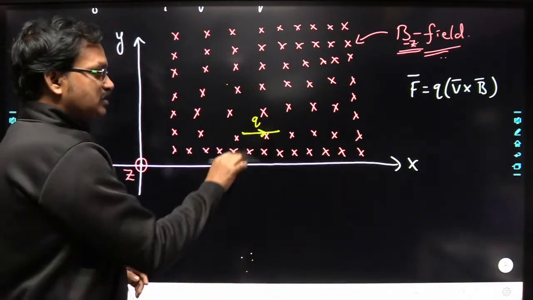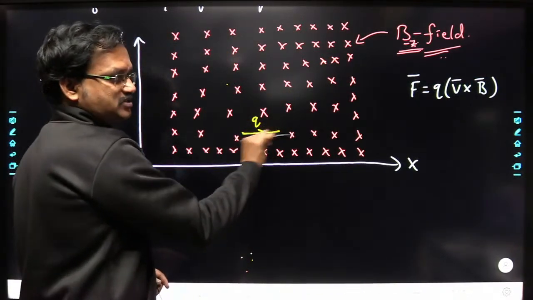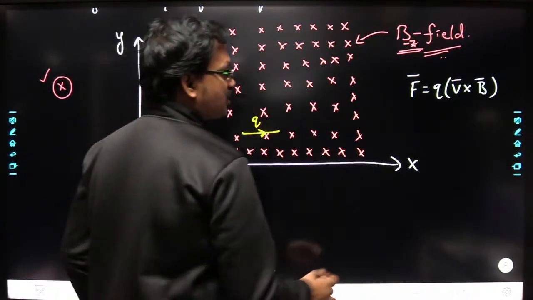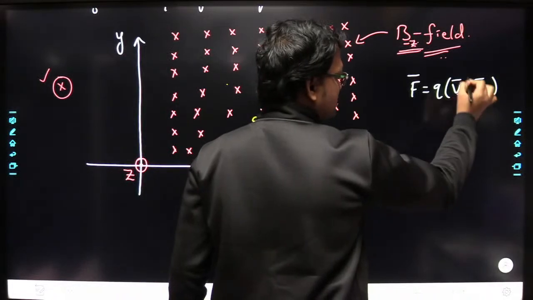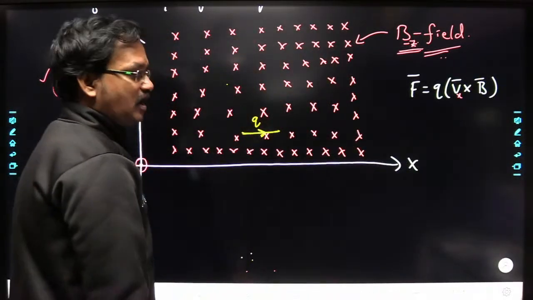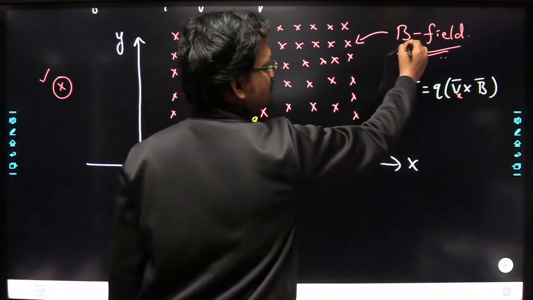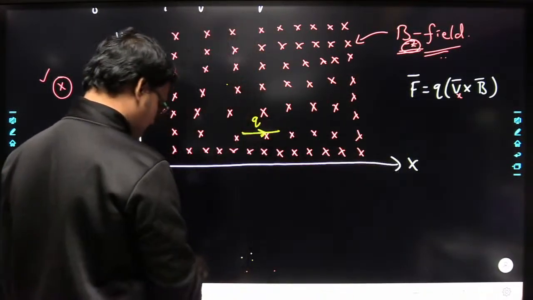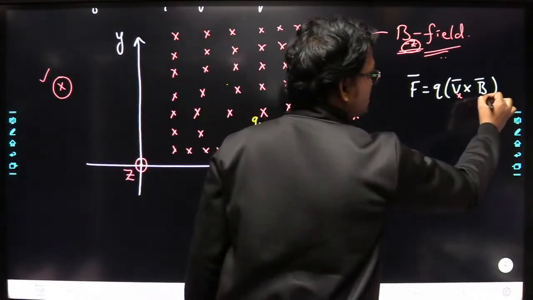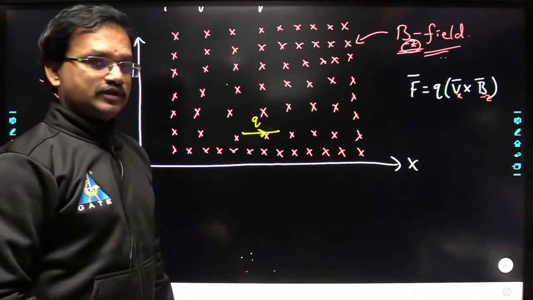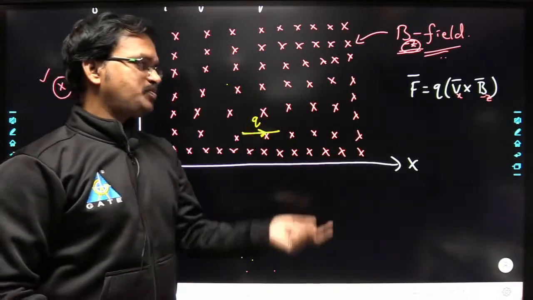Now here, in which direction is the charge moving? X direction. So its velocity is in the x direction, right? And the B field is pointing in the negative z direction. So what must be the direction of the force?